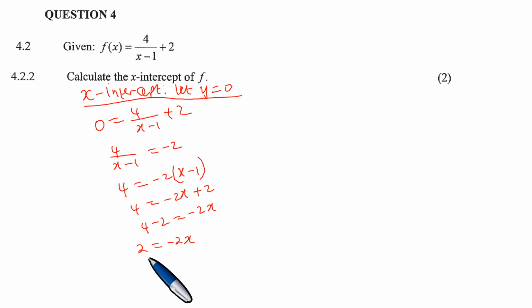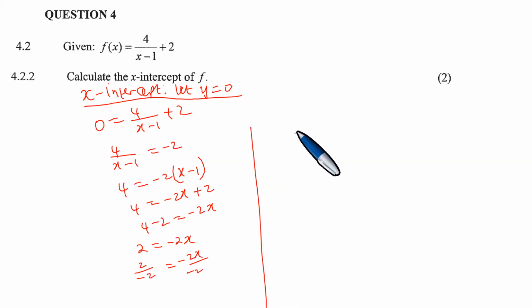You can divide both left and right by the coefficient minus 2, and the answer is exactly minus 1 equals x. So x equals minus 1.